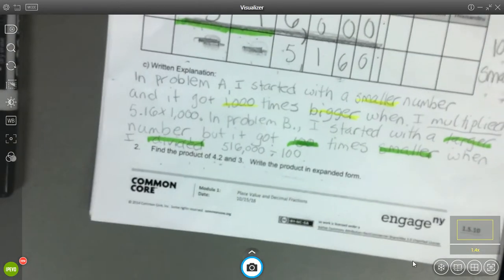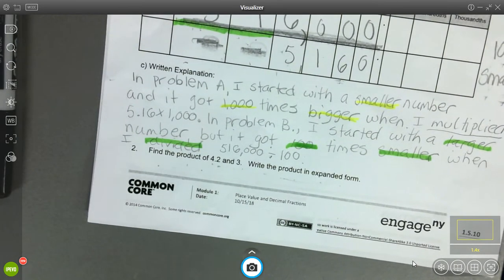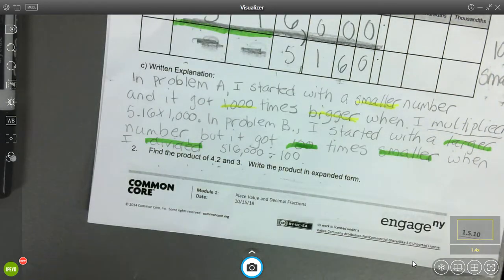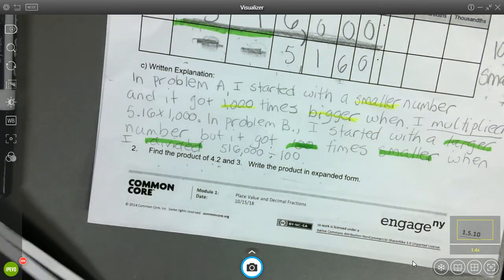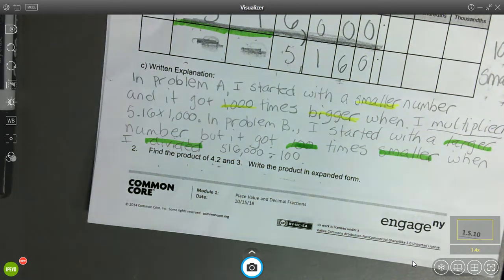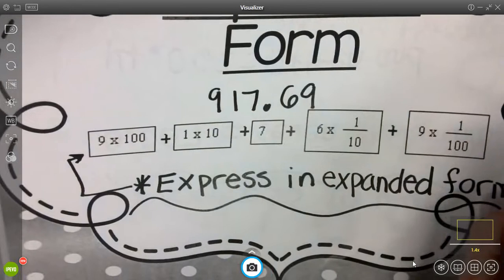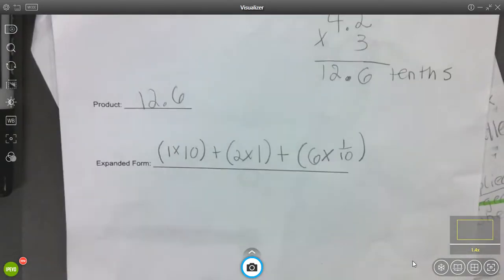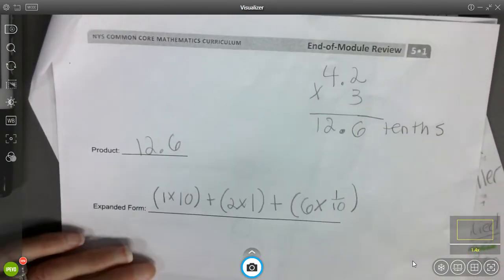And then you also have your packet that tells you how to write in different forms. So if you're being asked to express an expanded form, you can look at your packet and see exactly what is expanded form.